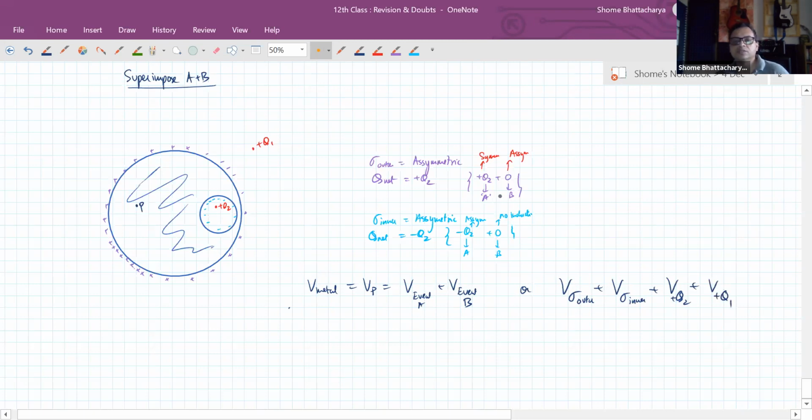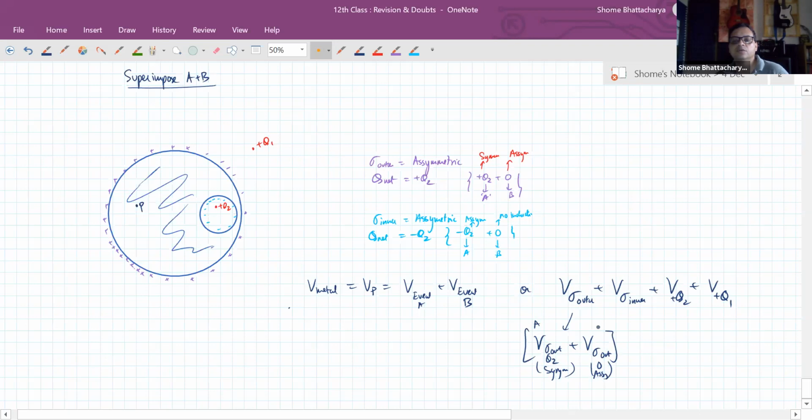Now this outer surface one also we can break into two sigmas. We can write it as V due to sigma on the outer surface Q2 symmetrically distributed plus the sigma on the outer surface zero charge asymmetrically distributed. Okay. So this is what we are getting from event A.